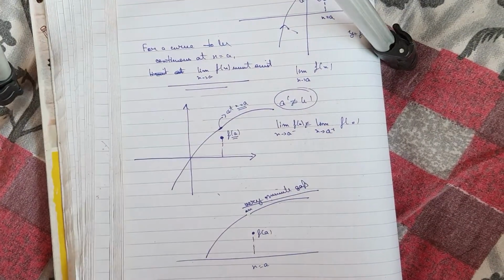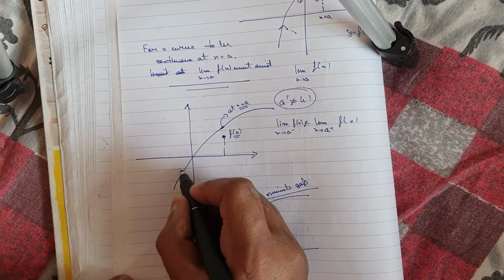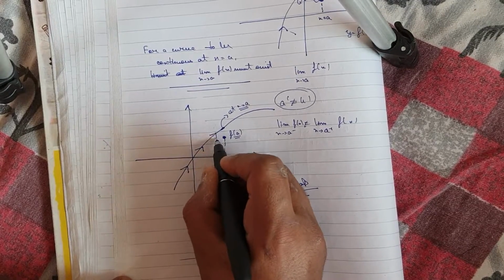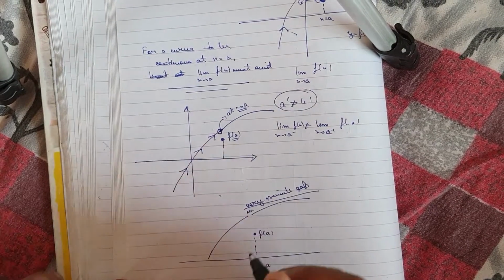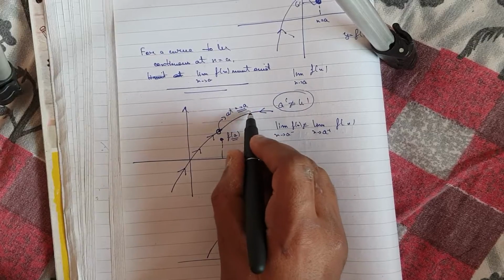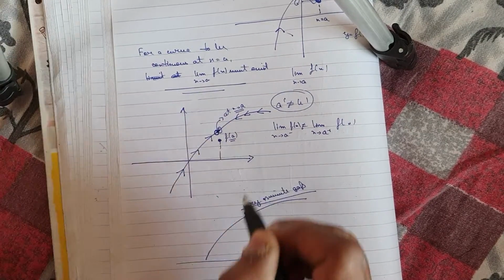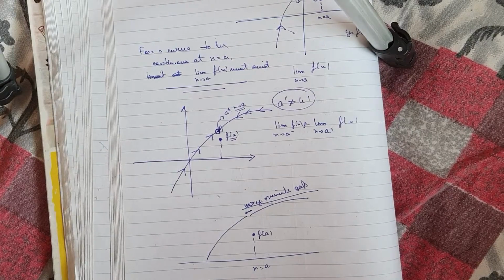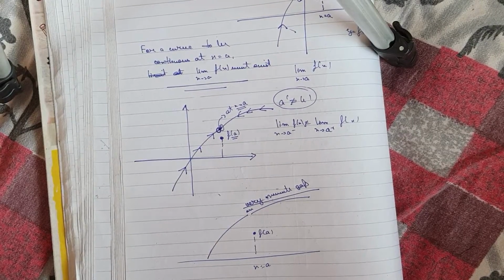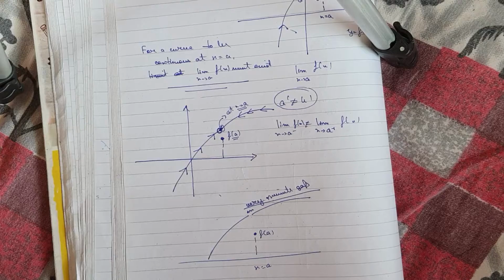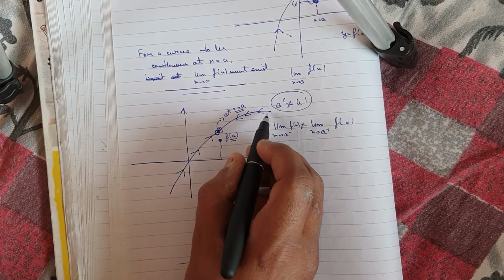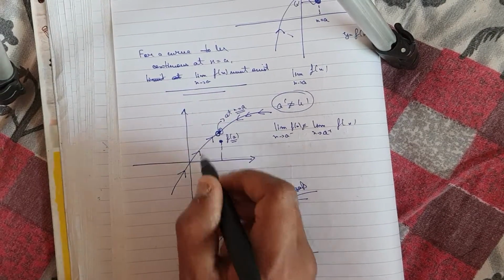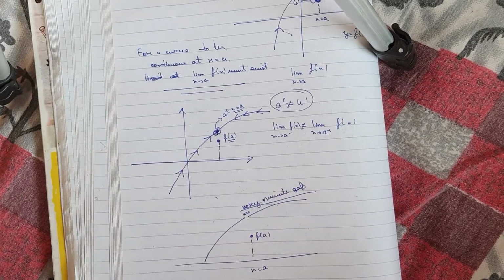Now suppose when x approaches from the left, it reaches this point. When x approaches from the right, it reaches this point. Now the gap is so minimal that when x approaches from the left and from the right, they both tend to a single point.